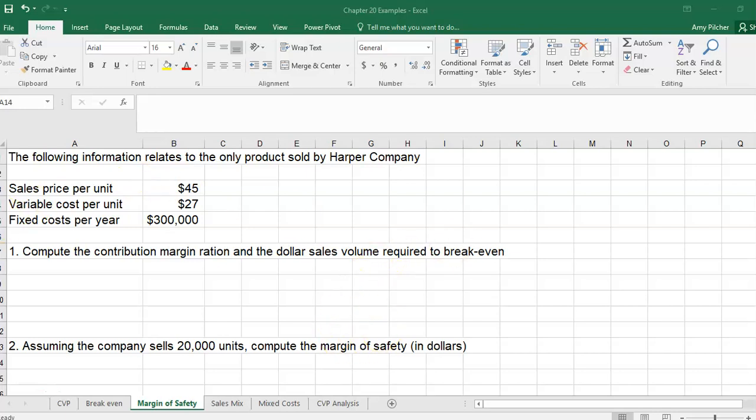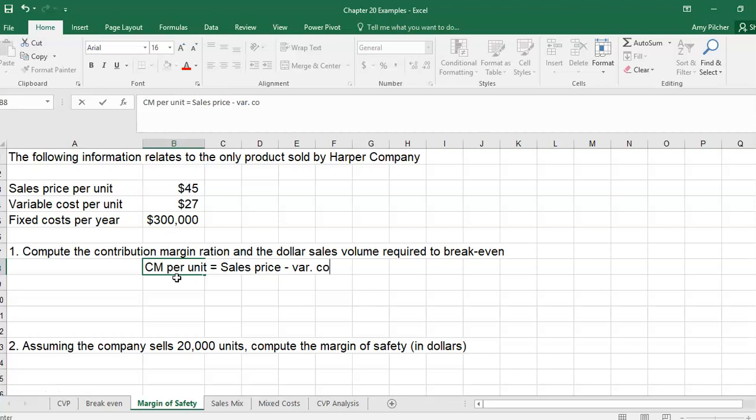First, let's calculate the contribution margin per unit. So contribution margin per unit equals sales price minus variable cost.